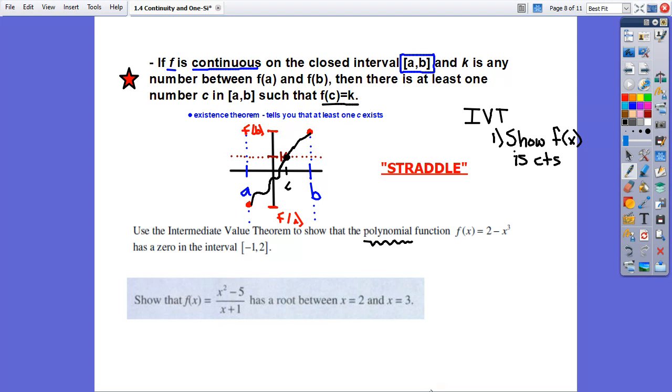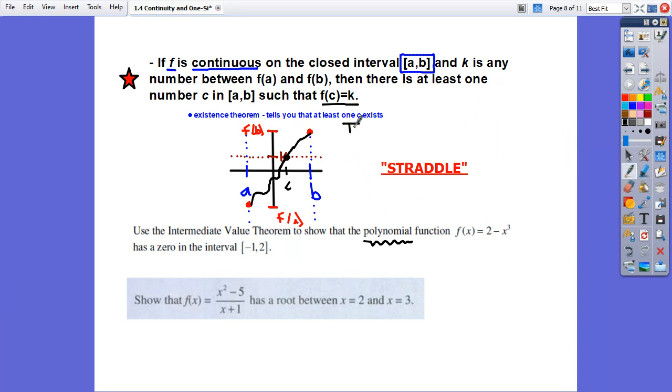So for this specific example, number one, how do we show that f is continuous? What we'd say is, since f of x is a polynomial. Let me write it up here.